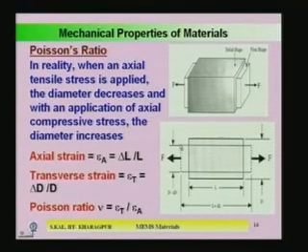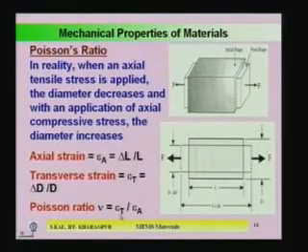You see the length changes in this direction, and the diameter is also reducing. This is D minus delta D, and the total diameter is D in this length. So D goes to D minus delta D, and the change is delta D. If you take delta D divided by D, that is known as the transverse strain, or epsilon T. Earlier the axial strain was epsilon A, defined through the Young's modulus or elastic modulus.